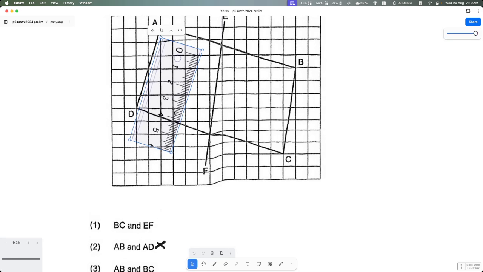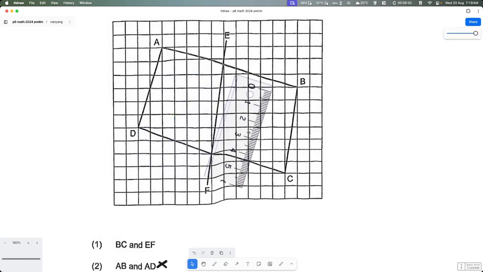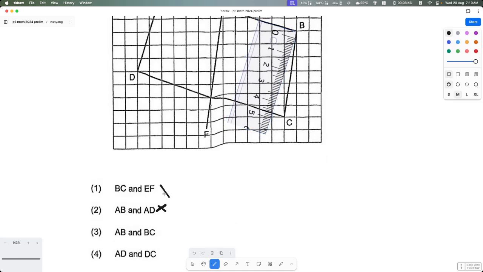Okay, let's move on to BC and EF. Nope, BC and EF is also not it. They are parallel lines, not perpendicular. Okay, so BC and EF is not.